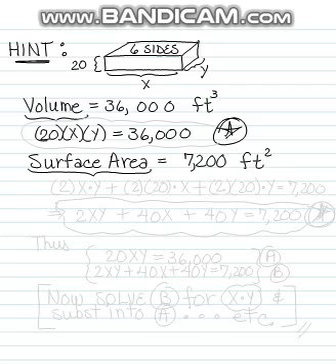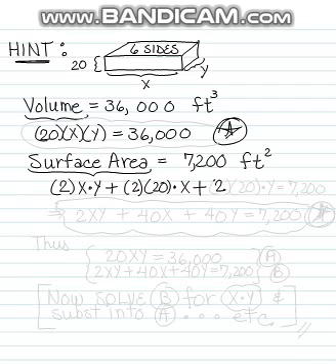So one side is x times y. That's the area of the side, x times y. But there's 2 of them, so we'll write 2 times x times y, plus the other side is 20 times x. But there's 2 of them, so we'll do 2 times 20 times x. And one more pair of sides, that's a side that is 20 by y, 20 times y.